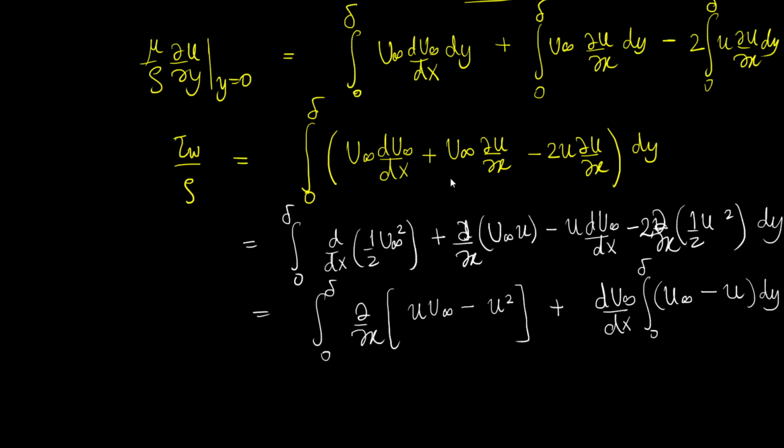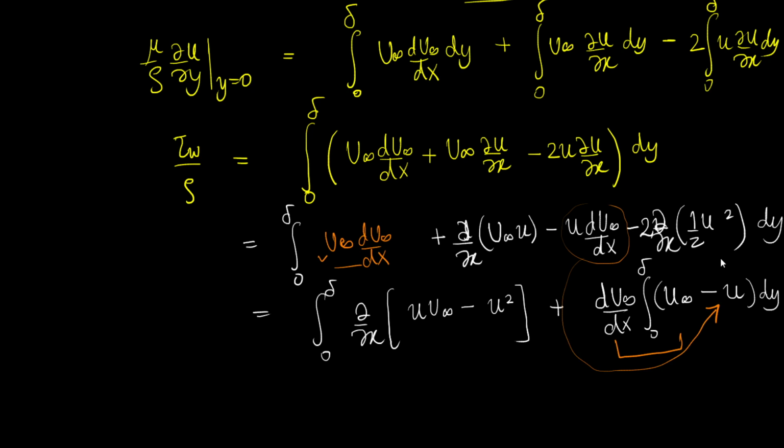So I've combined, I've kept this term as it is. So this term is this term. This particular term is this particular term. U infinity this, and this 2 cancels out.